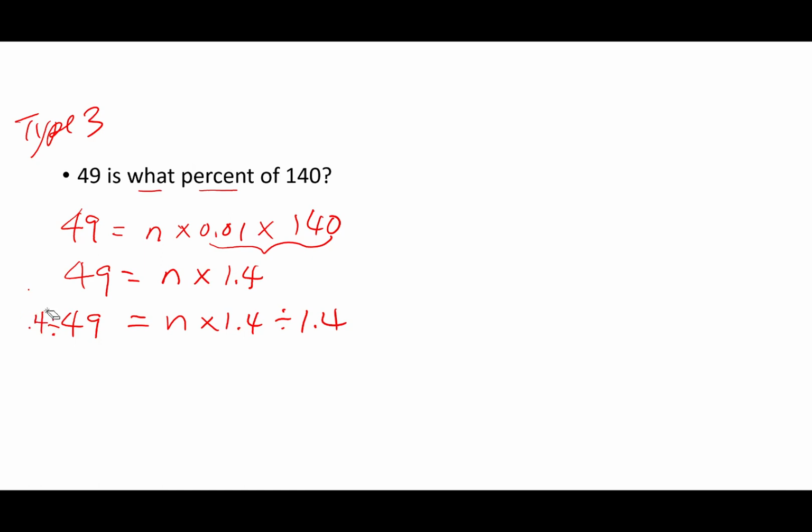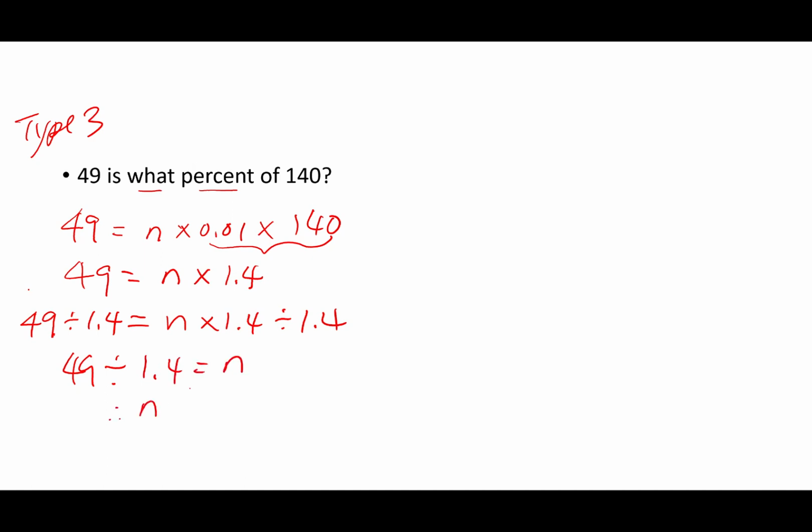Or rather, I should write it this way: 49 divided by 1.4. This is the correct way; what I wrote earlier is not correct. So 49 divided by 1.4 equal to n.